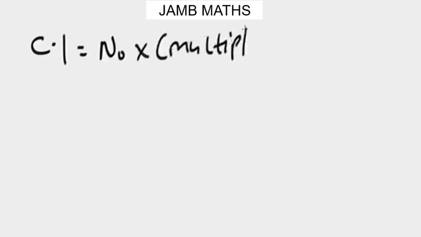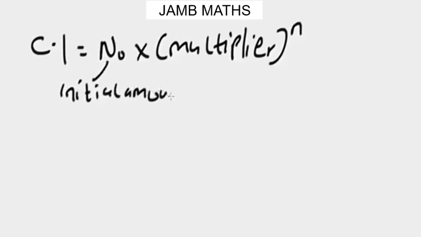Just like in simple interest, the basic formula you can apply to solve problems involving compound interest is this. This is the formula I recommend. This is the easiest one. So we have compound interest equals N0 times multiplier to the power n, where our N0 is our initial amount, which is also our principal amount.